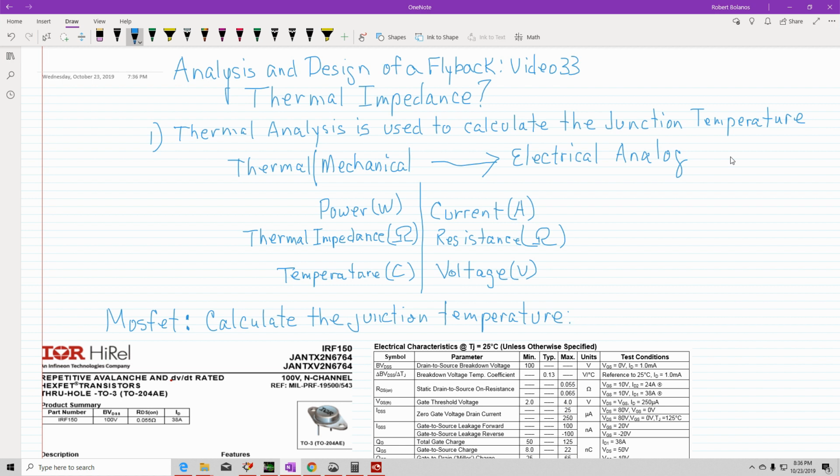But the thermal analysis is used to calculate basically the junction temperature of an electronic device. It could be a diode, a MOSFET, or a bipolar transistor. Okay, and typically when you're talking about temperature, these are mechanical ideas, so to speak.